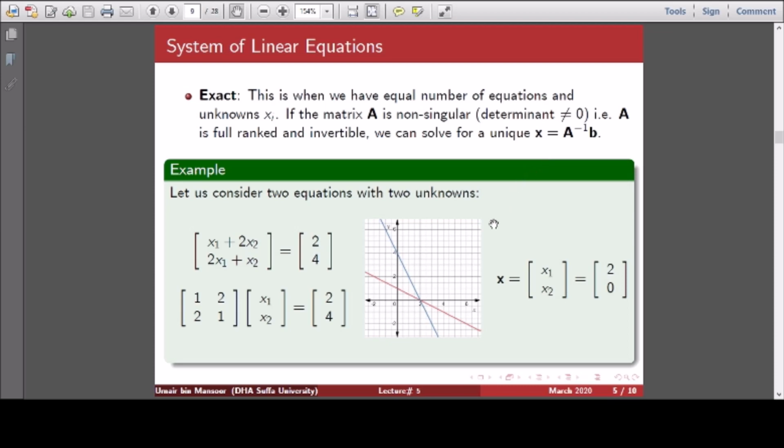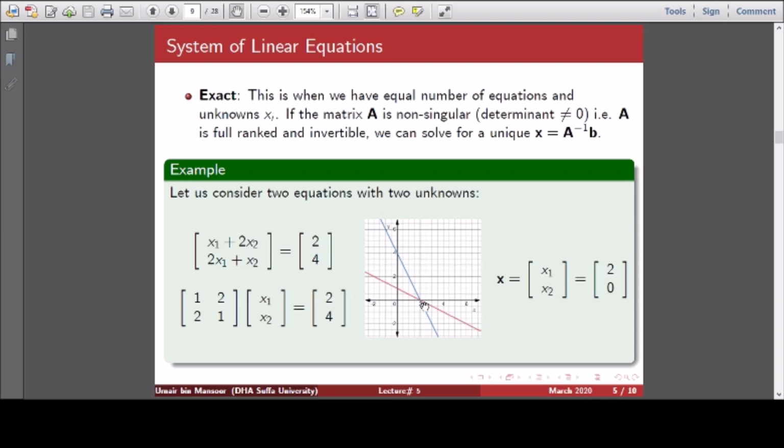So geometrically, if you want to look at that, let's see an example. So I have taken two equations of lines. You can represent it in the matrix notation. So when you plot the equations separately, you can see that this is the common point where they are intersecting.